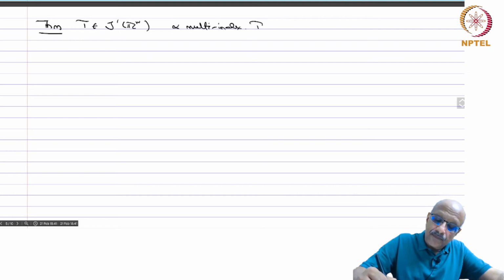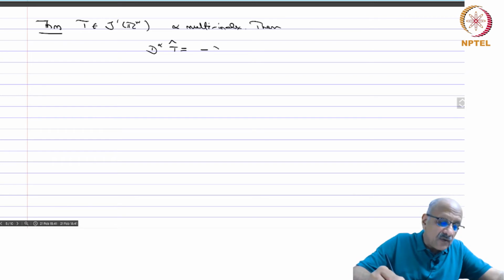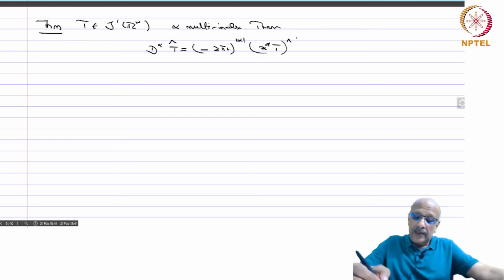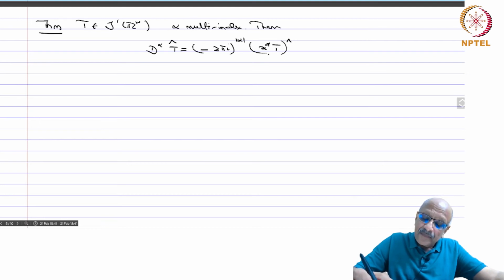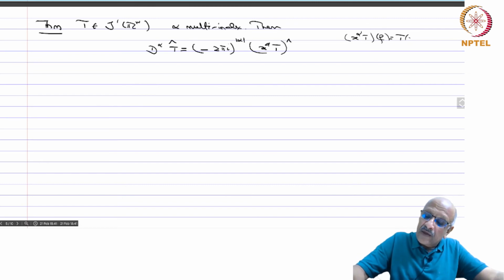Then D^alpha of T hat equals (-2 pi i)^{|alpha|} times the Fourier transform of x^alpha T. So, x^alpha T is again a tempered distribution, because if you have x^alpha T acting on any f, this is equal to T of x^alpha f.